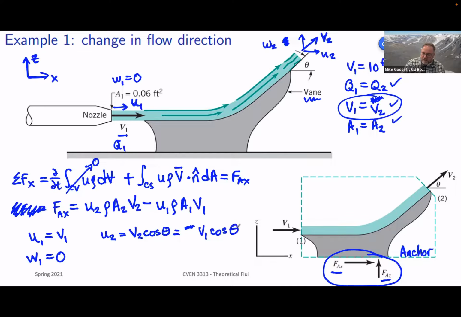Now, I don't want to confuse you with that, but we're given V1 is equal to 10 feet per second. We know V1 has to equal V2, or we've reasoned that. So I'm just putting this back in terms of V1 because it's one number we can plug in. W2, on the other hand, the z component of velocity, is equal to V2 times the sine of theta.